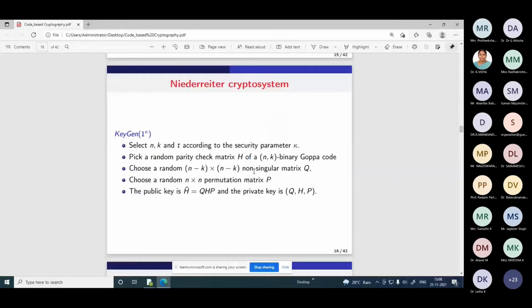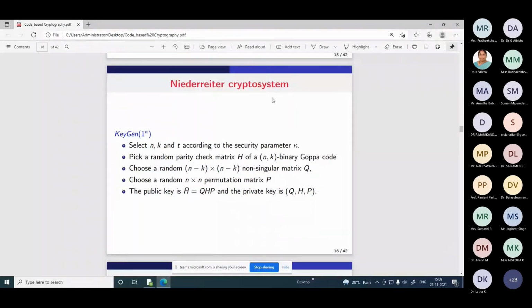So then I have told there are a lot of modified versions of McEliece. One such modified crypto system is the Niederreiter crypto system. Niederreiter just used a parity check matrix in the place of the generator matrix.